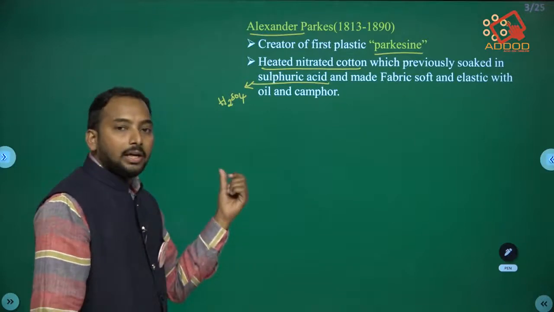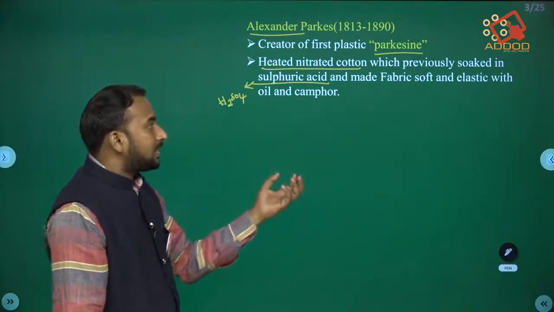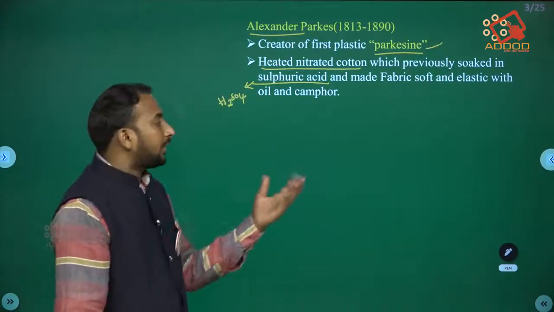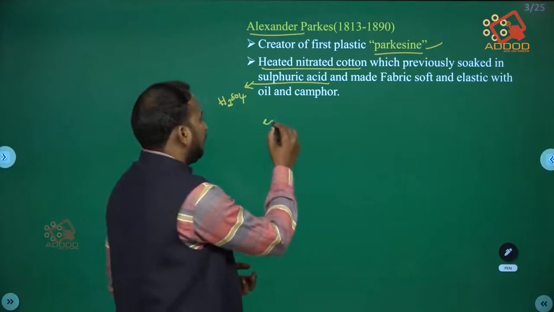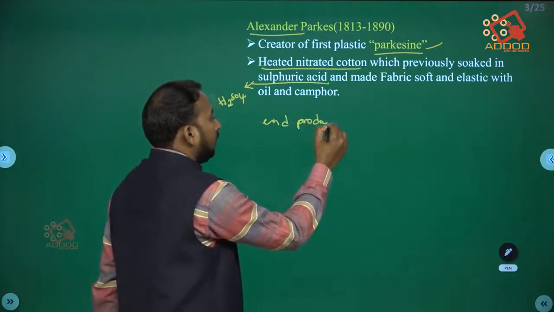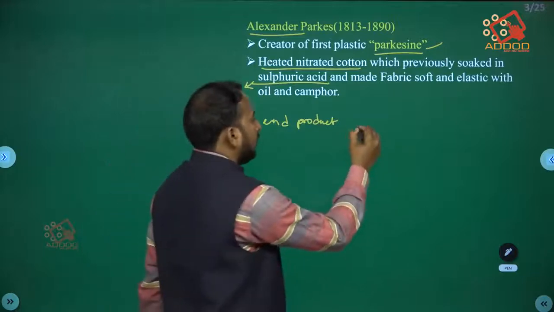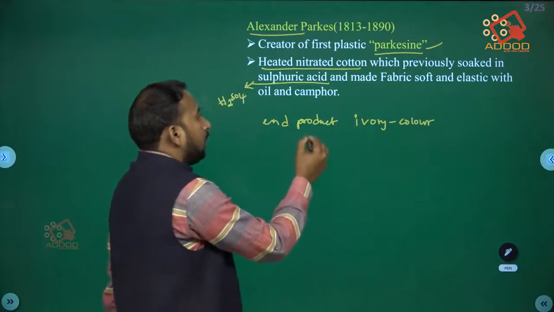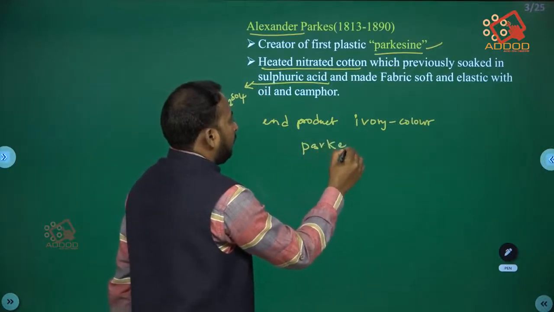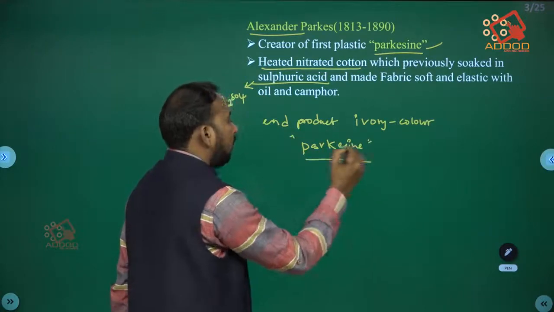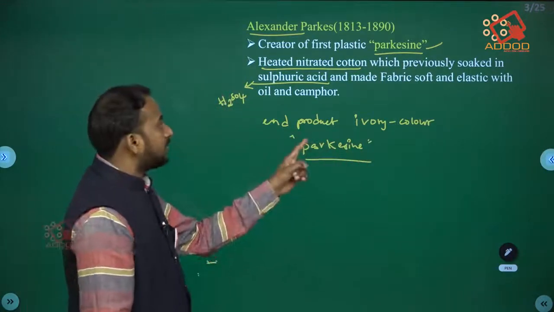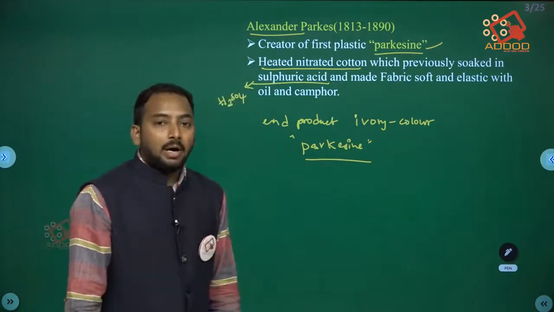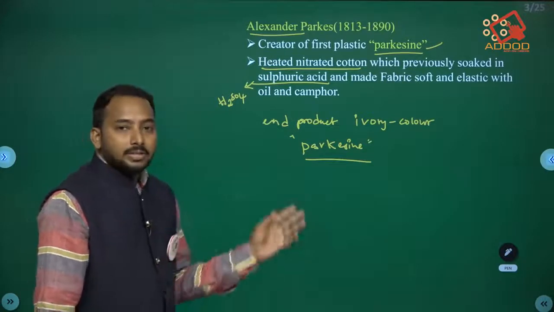With oil and camphor, the end result is Parkesine. The end product is ivory colored. That is called Parkesine. This is the first plastic, made by Alexander Parkes in the year 1862.